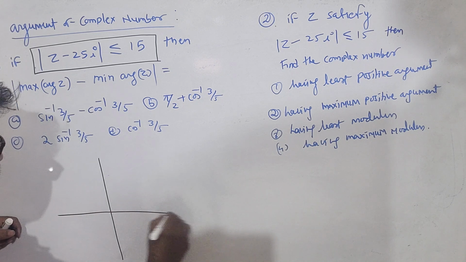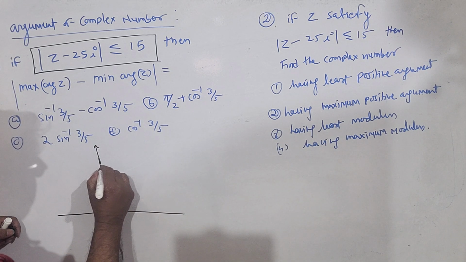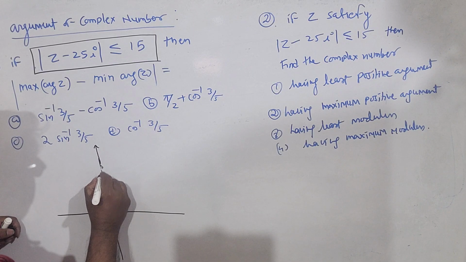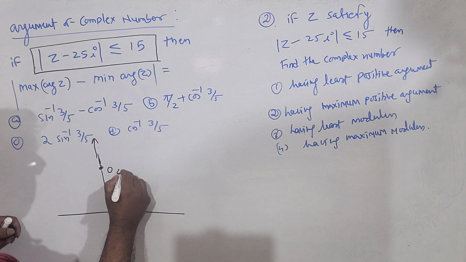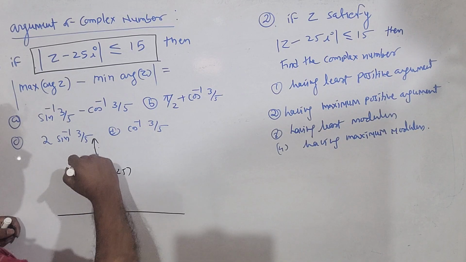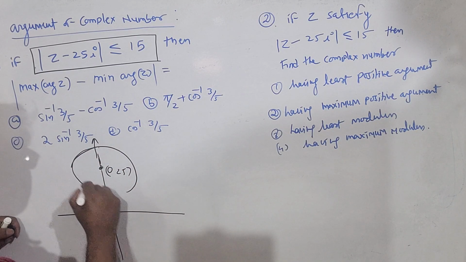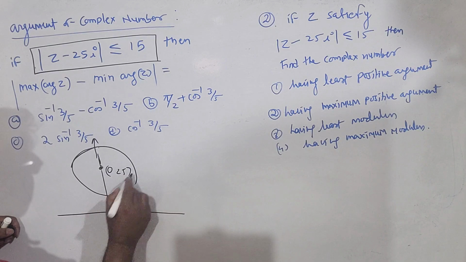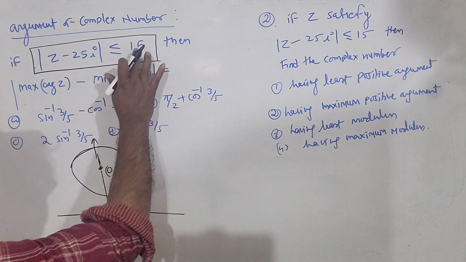This is the y-axis, and here I am having (0, 25), correct? So I am having a circle like that. This is your circle. (0, 25) is the center and the radius is 15.